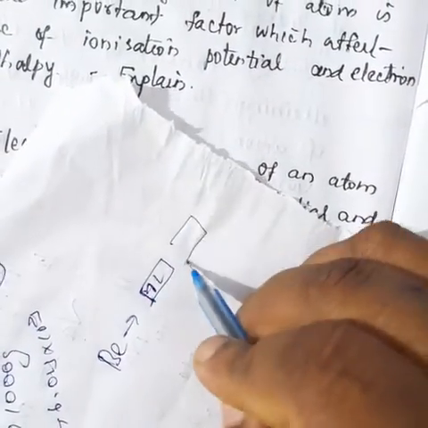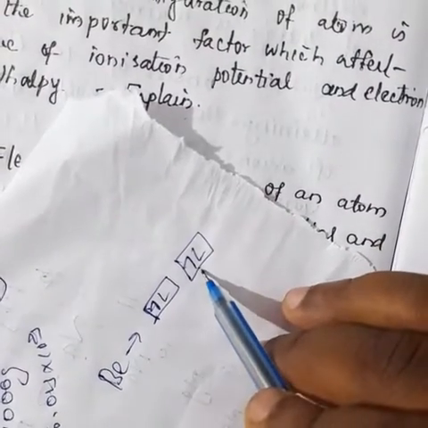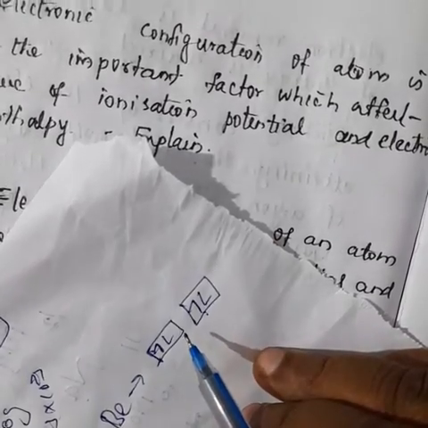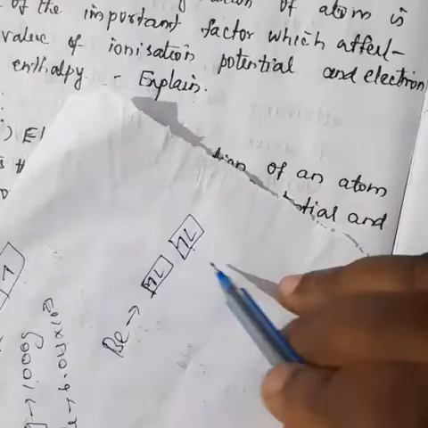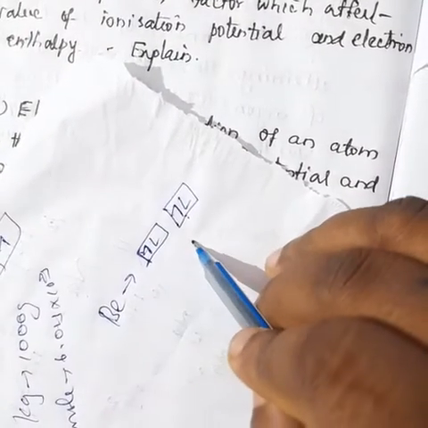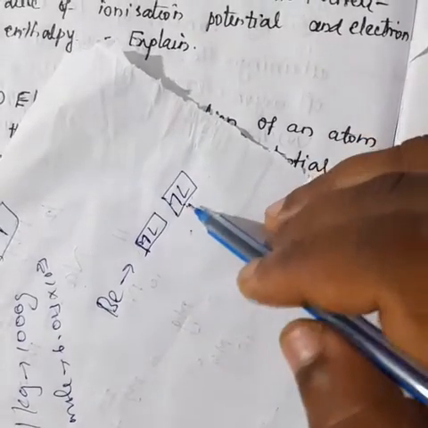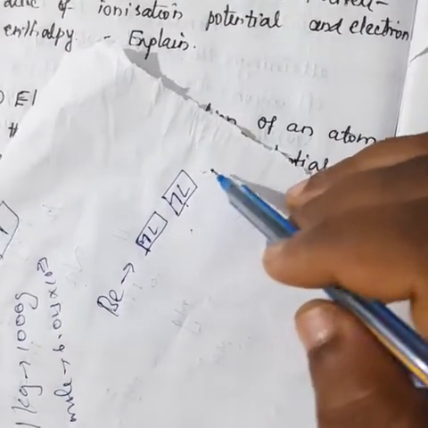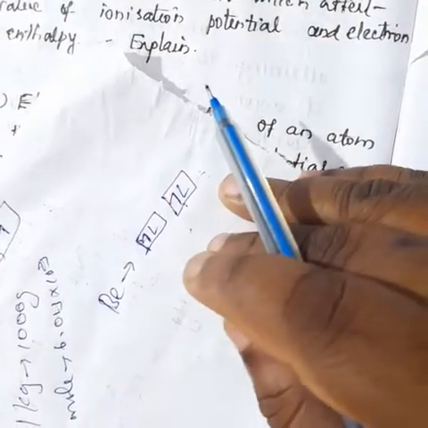We know when an atom has a completely filled configuration, it is difficult to remove electrons from it. It is stable. If we are disturbing the stability, we should give energy. So what is the question?